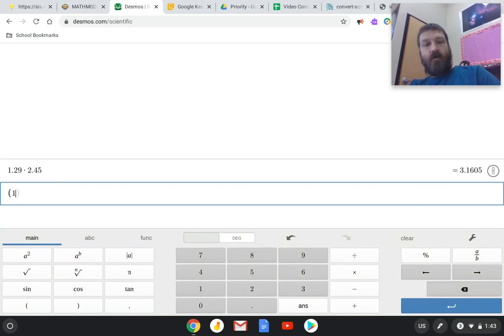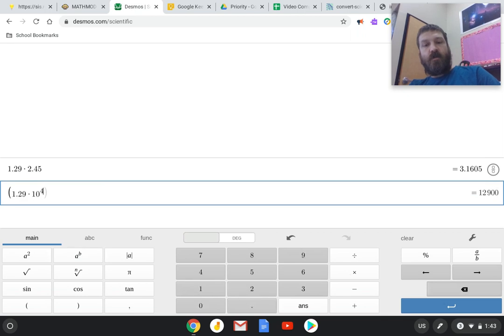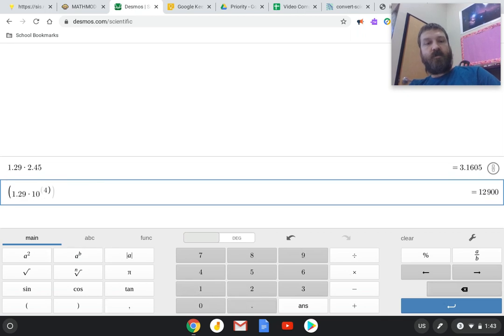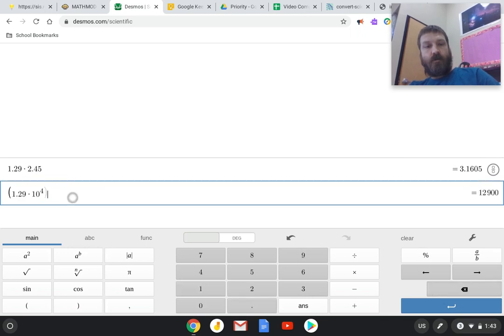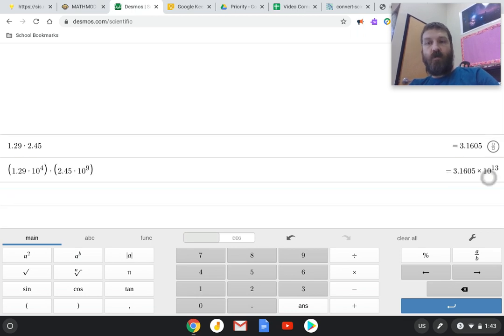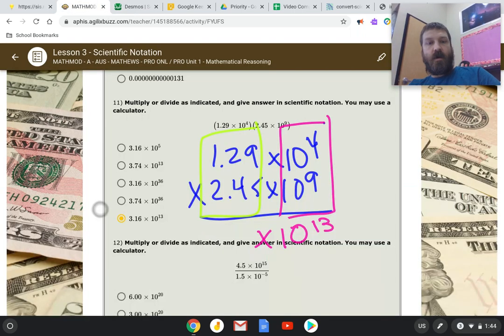Sorry about that, everybody. 1.29 times 10 to the 4th. Close my parentheses. Times parentheses 2.45 times 10 raised to the 9th. Close my parentheses. Enter. 3.16 times 10 to the 13th. And that is the correct answer that we got.